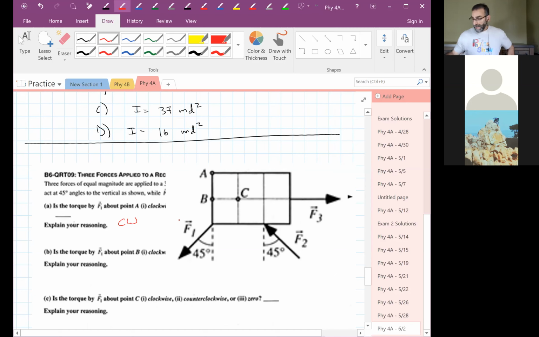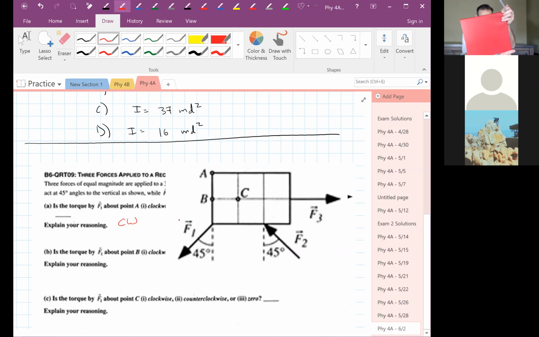So again, think about this. If this is the sheet, and A is this upper corner here, it's free to rotate about that axis of rotation. F1 is pulling at an angle down here.